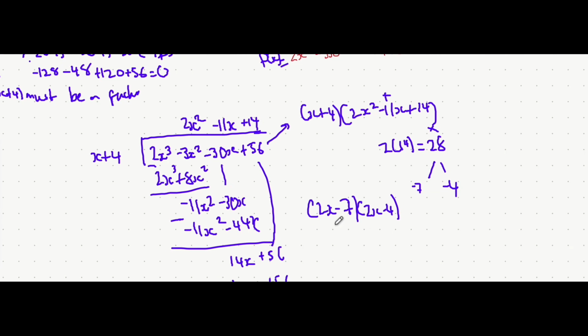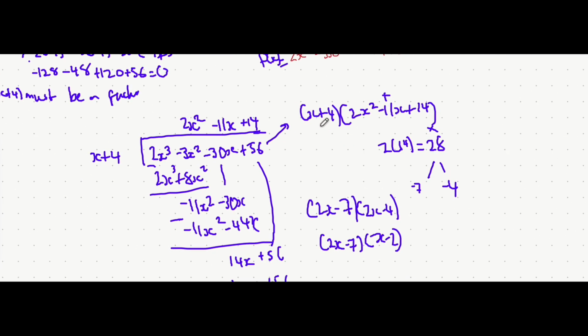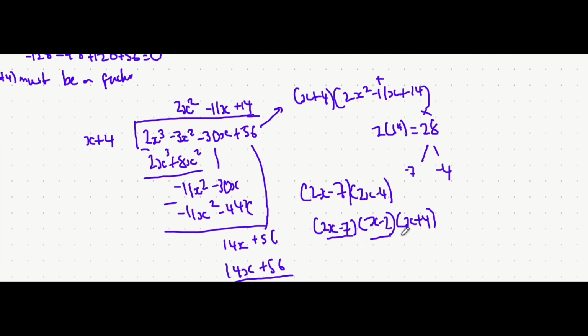And then after I do that, I simplify both brackets as much as possible. So nothing goes into 2 and 7, so we just leave this first bracket as it is. Whereas the second bracket, both the terms are multiples of 2, so we can divide each term by 2 to get x minus 2. So just in general, this whole cubic can be split up into x plus 4 multiplied by this whole quadratic here, which can be simplified into this times this.